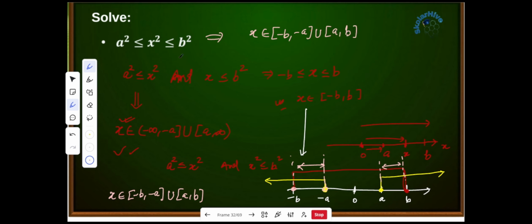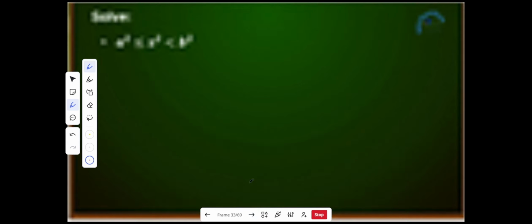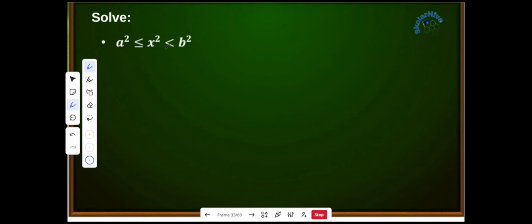In the same way, if we are given inequalities where only one or both are of less than type, then we just have to replace the closed interval with an open interval. So let's see, here we have x square is greater than or equal to a square but less than b square.